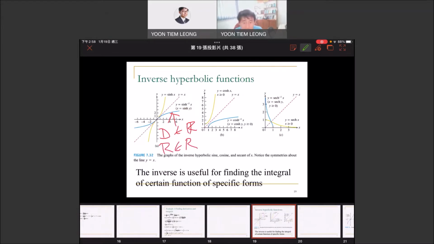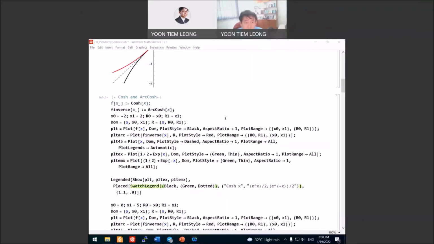Likewise, you can try to see if you can reconstruct the graph of the hyperbolic cosine function and its inverse. Here I would like to show you how I construct the hyperbolic cosine function by referring to my Mathematica code.